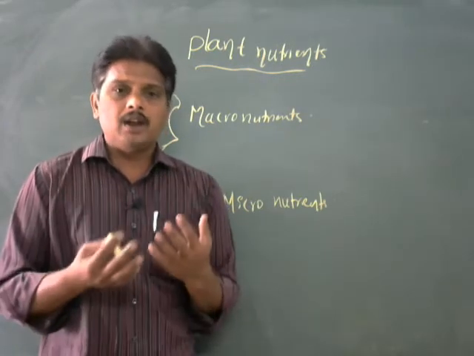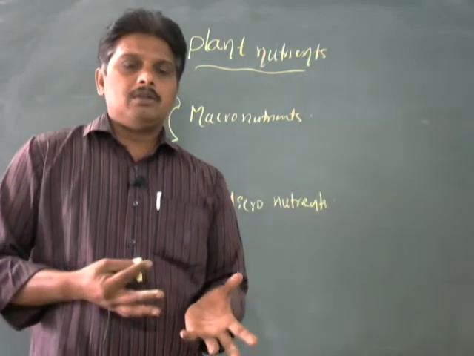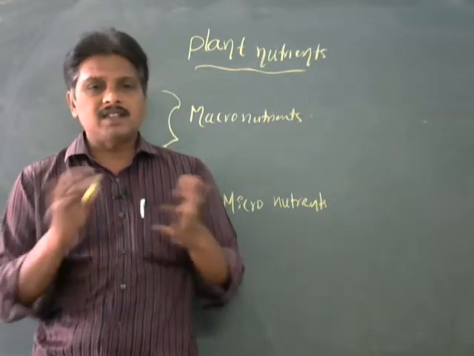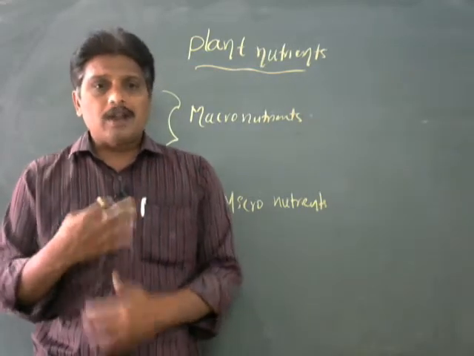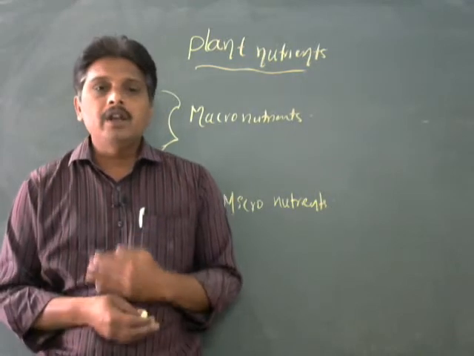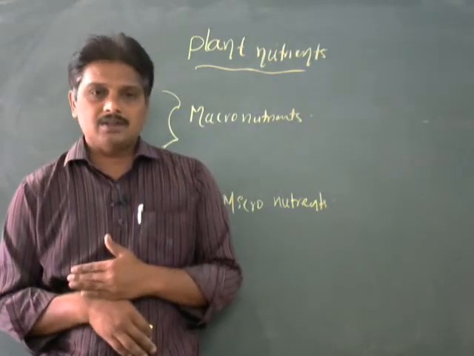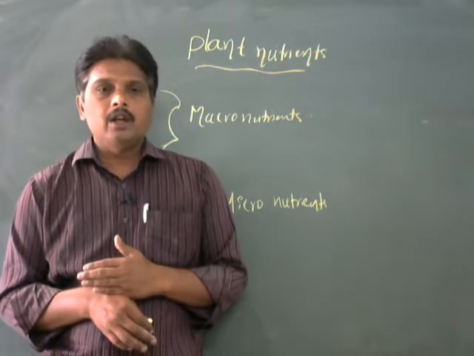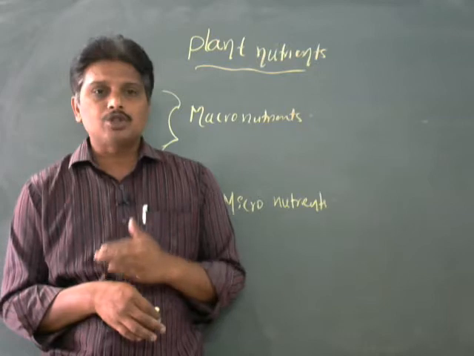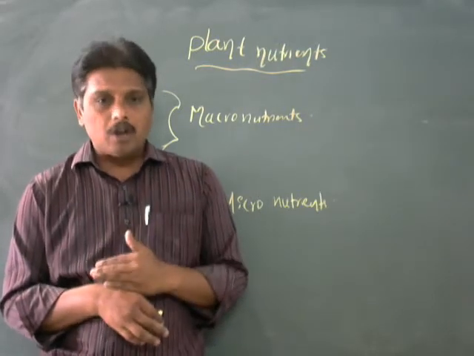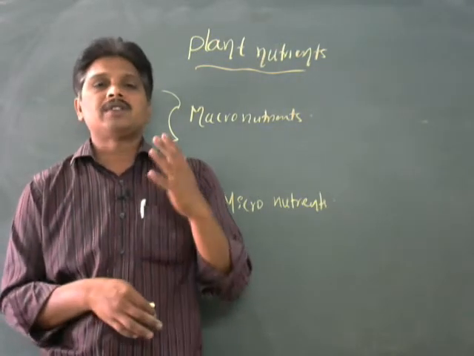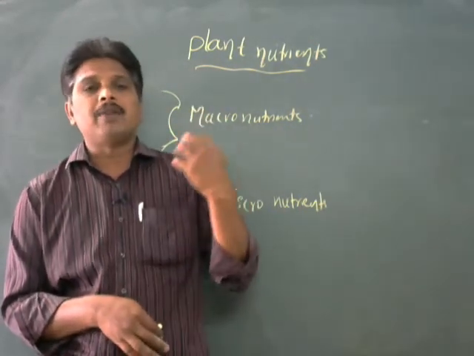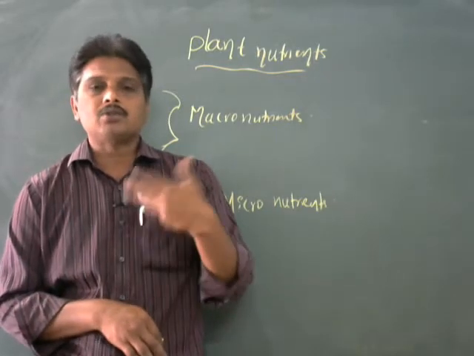Because of high density farming, maximum nutrients are absorbed by the crop plants in one season itself. If you want to grow crop plants in the next season, definitely we should add nutrients. A farmer has to add nutrients to the soil after each crop, because he is growing a single variety of plants which absorb the same types of nutrients in major amounts. That is why the farmer has to add.